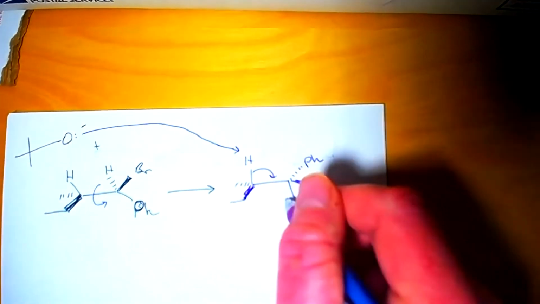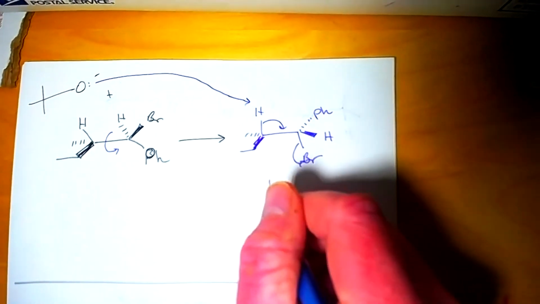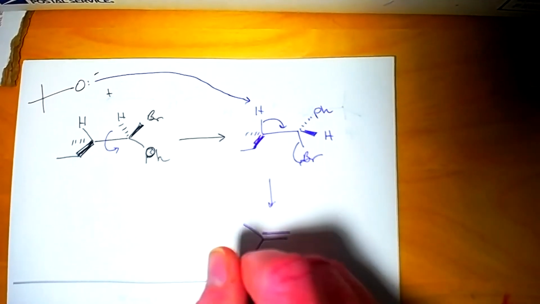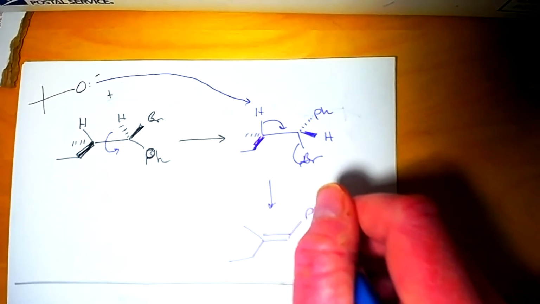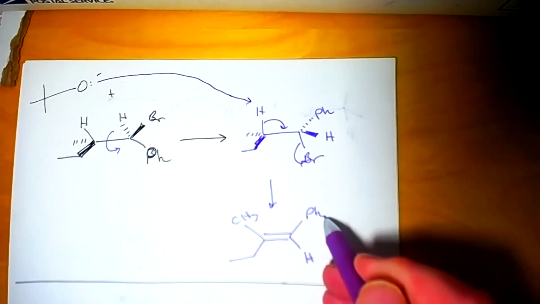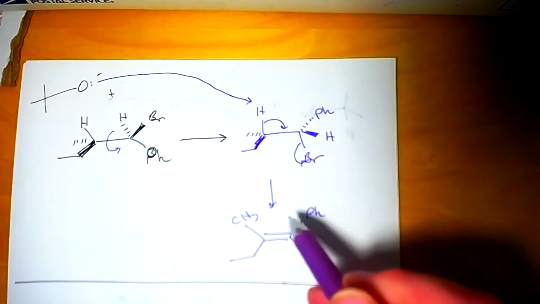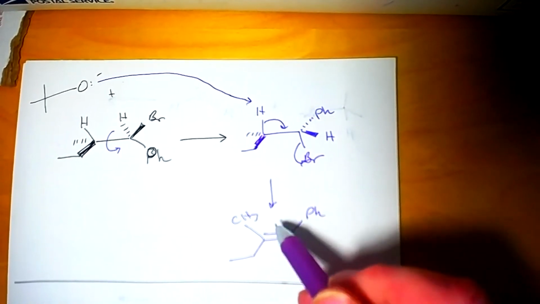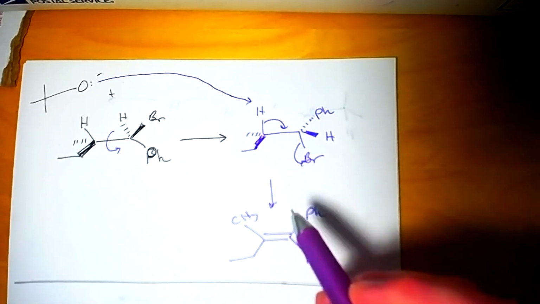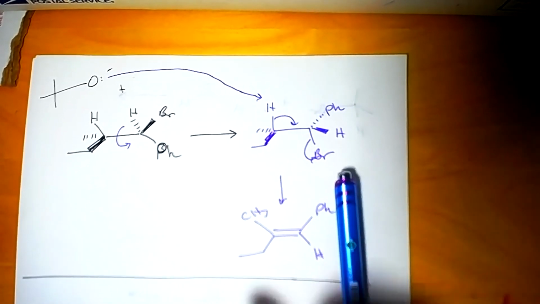So when the butoxide does its elimination, you would expect to get something that looks like this, where the methyl group and the phenyl group are on the same side of the double bond. So that's going to be the orientation that I'm going to want to draw out on our product.